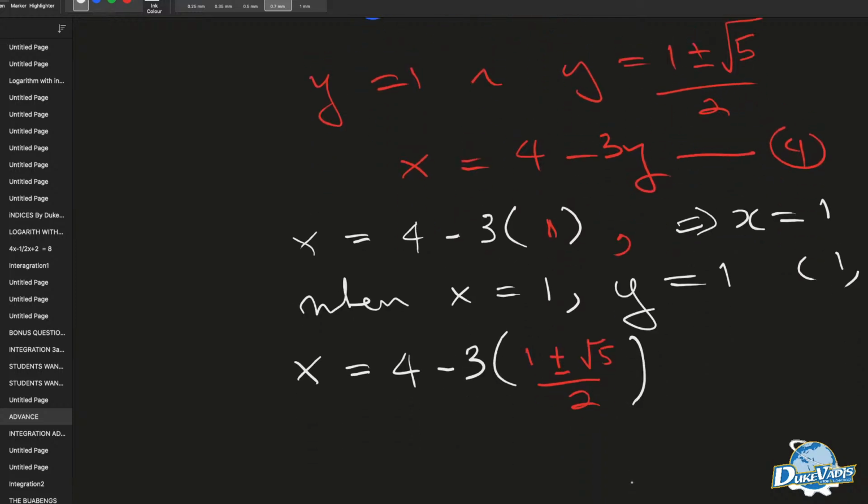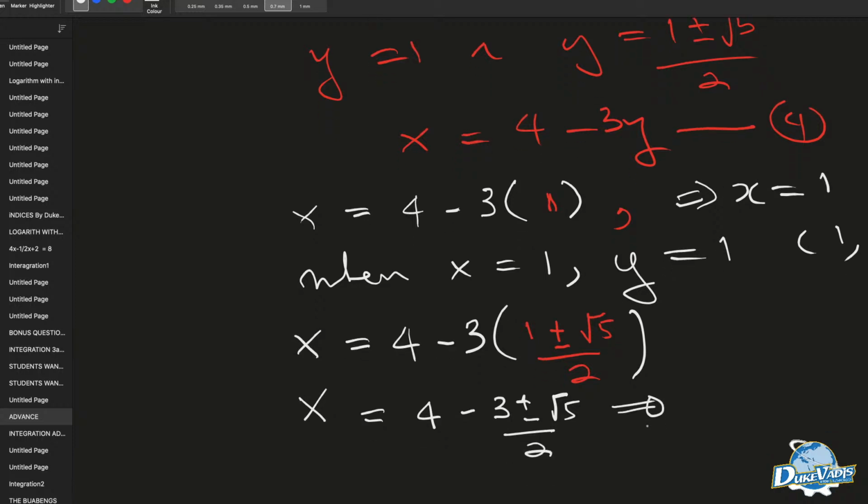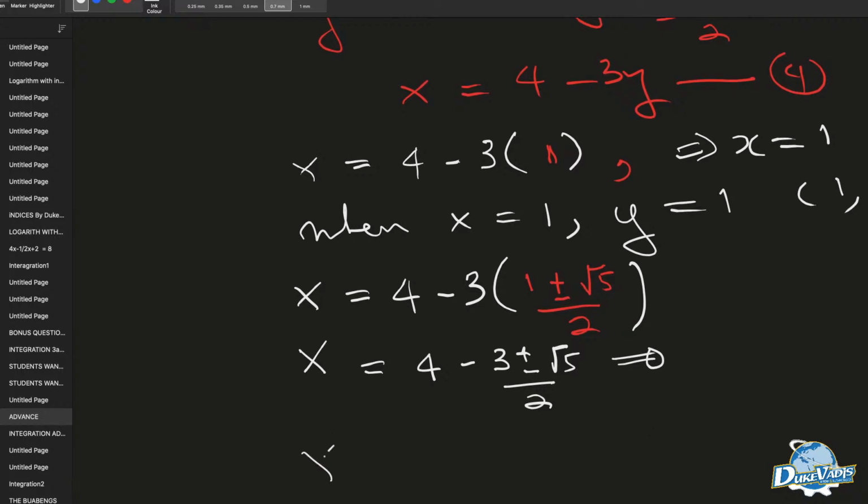So now we'll compute this. x will be equal to 4 minus 3 times plus or minus square root of 5 over 2 as one solution, and x is equal to 4 minus 3.